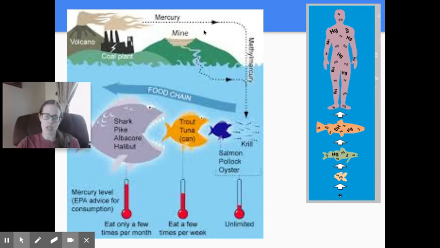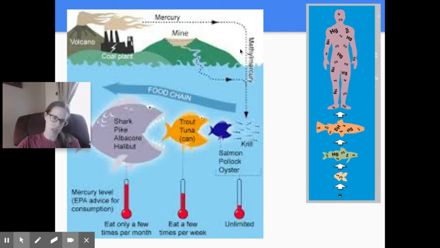So mercury has some natural sources. Mercury can get into the water by volcanoes, but most of it comes from coal power plants, so it gets into the air. It can also be caused by mining. It can run off out of a mine into a water source.